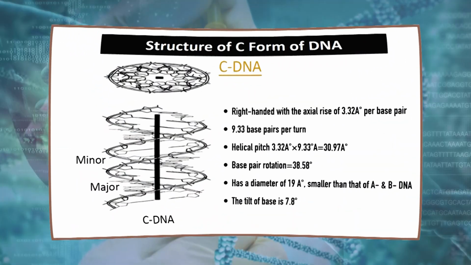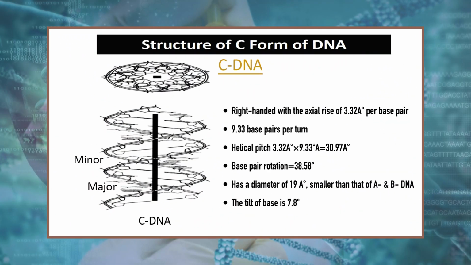Dear students, in addition to A-DNA, B-DNA, and Z-DNA, there are other rare forms of DNA also, which are C-DNA, D-DNA, and E-DNA. So let us first discuss the C-DNA. It is right-handed with the axial rise of 3.32 angstroms per base pair, and there are 9.33 base pairs per turn.